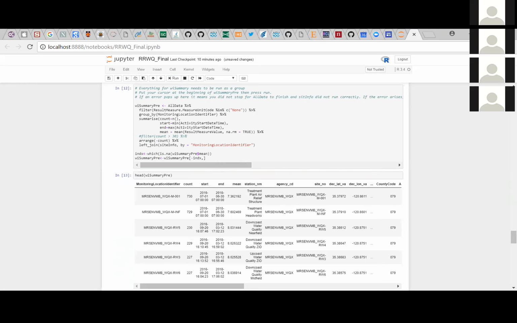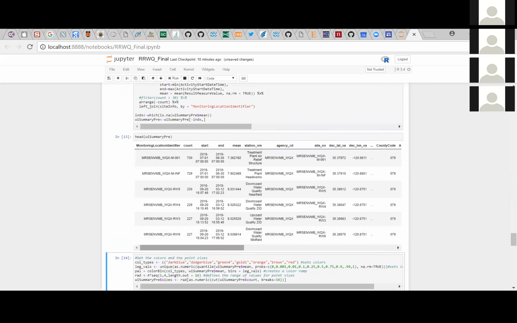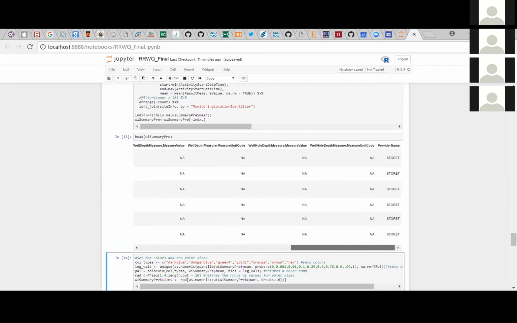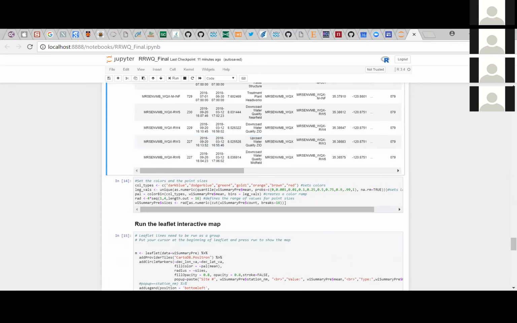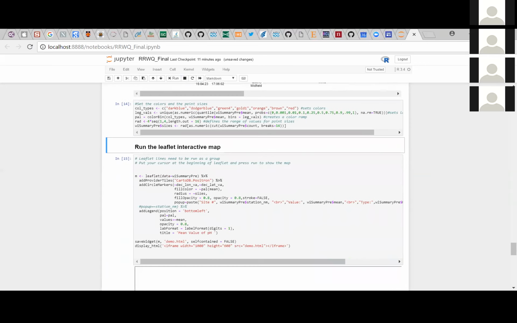It was taking the data and using some functions to look at the mean across the entire time series. And so when we look at the mean, we can see the STORET database that it's coming from. And then finally, into this last section where I classify my colors, and then I'm running an interactive leaflet map.